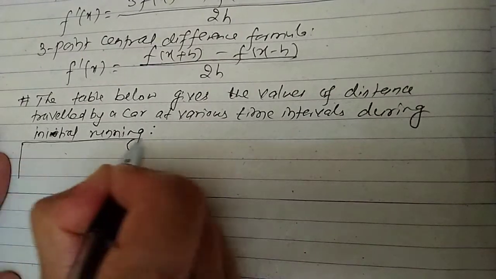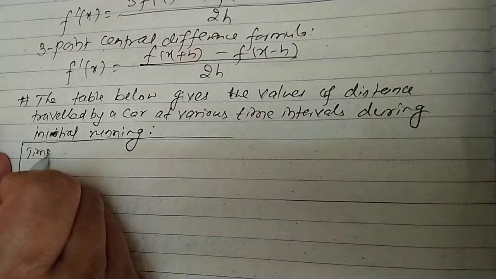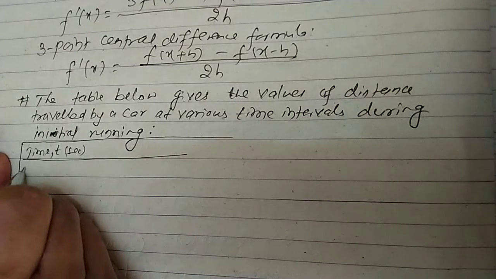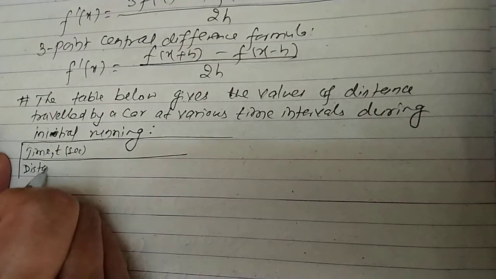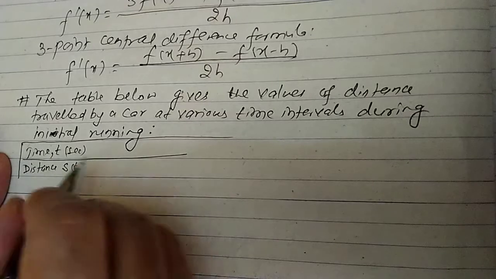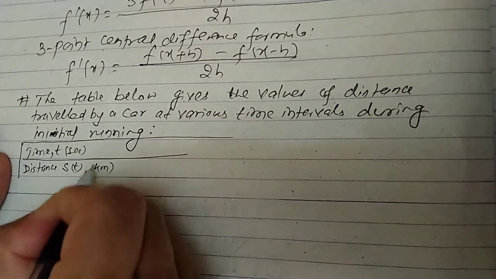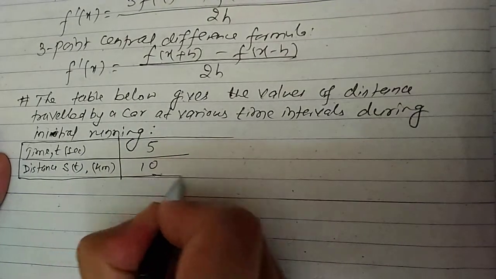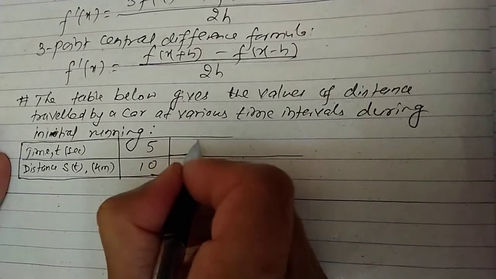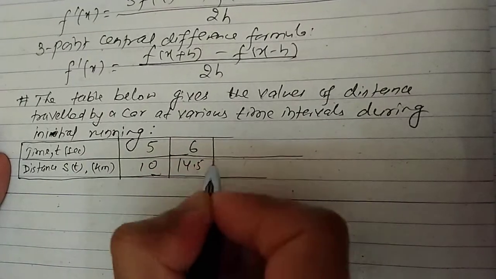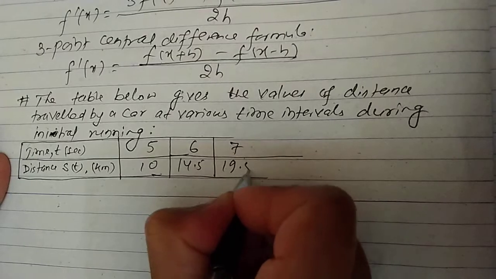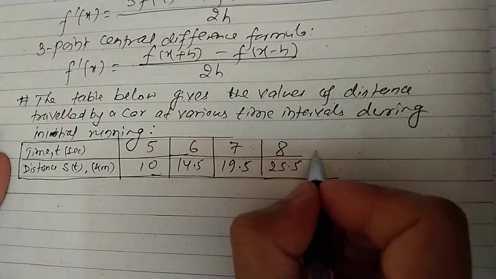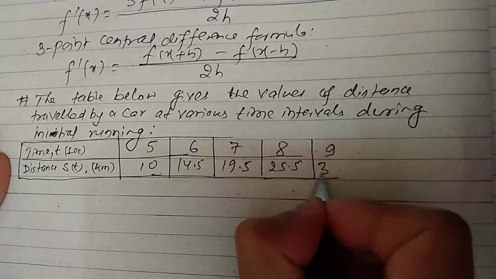You have given a table of time t in second, and then you have given the distance stored as st in kilometer. At 5 you have given 10, at 6 you have given 14.5, at 7 you have given 19.5, at 8 you have given 25.5, and at 9 you have given 32.